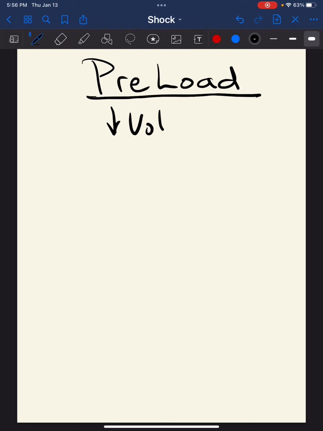Okay, so let's look at one of those components. So preload. Think about situations where you think there may be less blood flow, less volume coming to the heart. So preload, decreased volume to the heart. And you can all think about different clinical scenarios where a patient might be dehydrated, right?